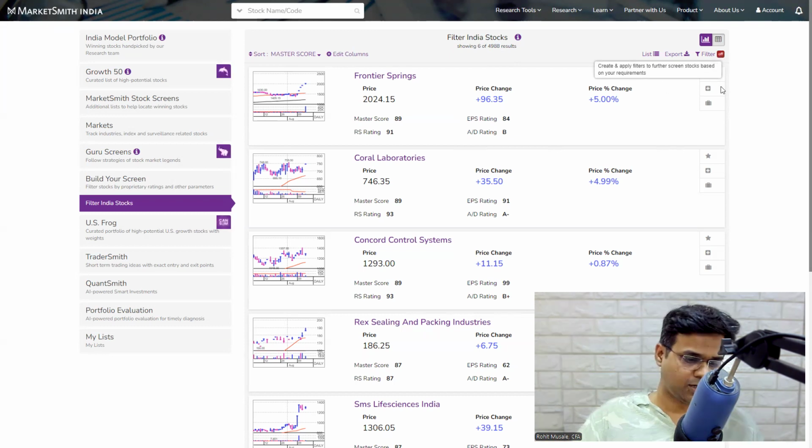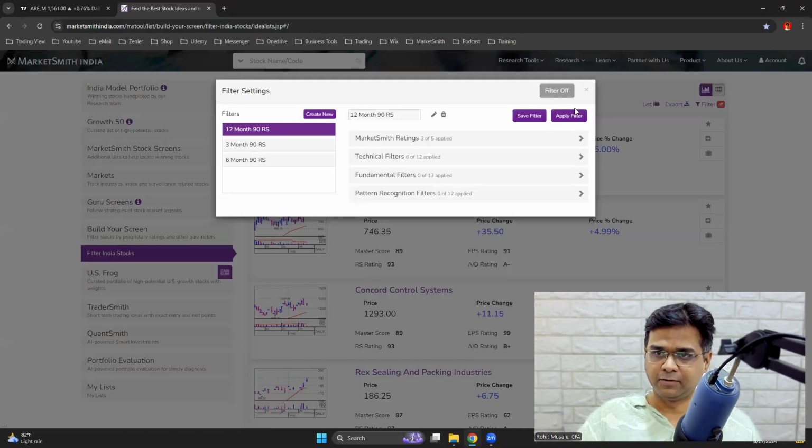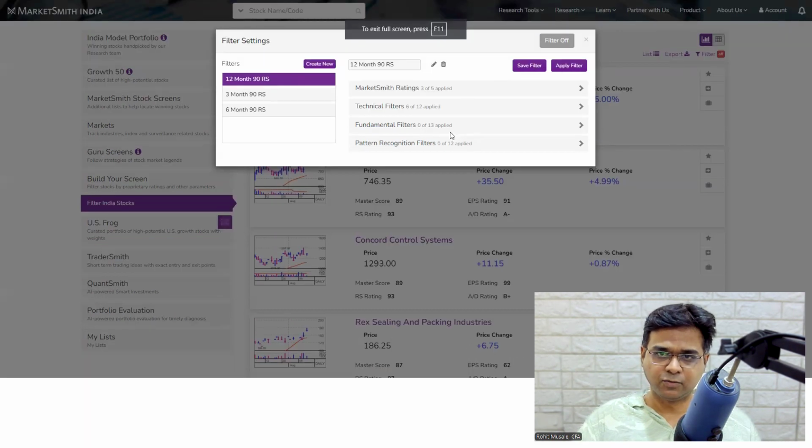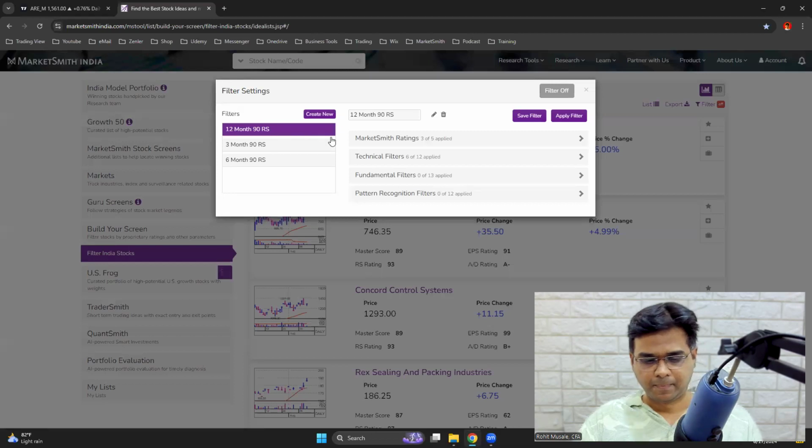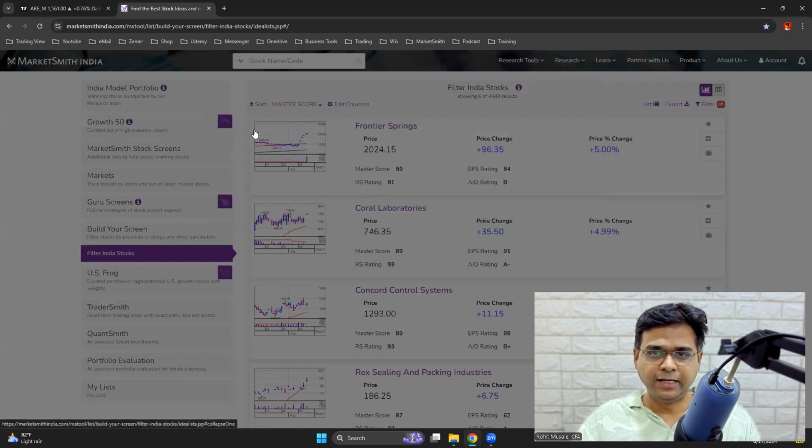Now here, if I put a filter, just a second, I will apply the filter here. Okay, this is the filter. So this is the 12-month 90 RS relative strength filter.